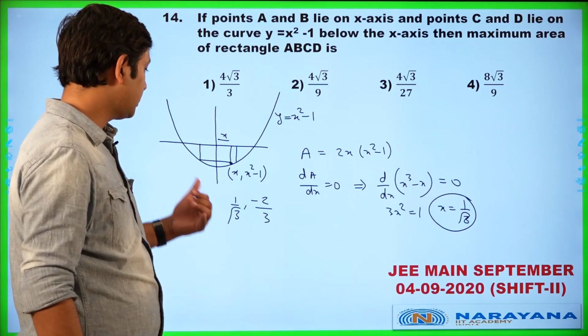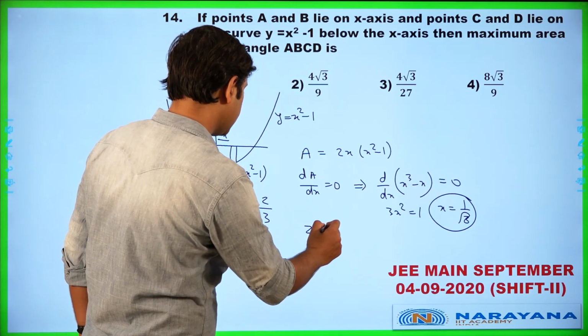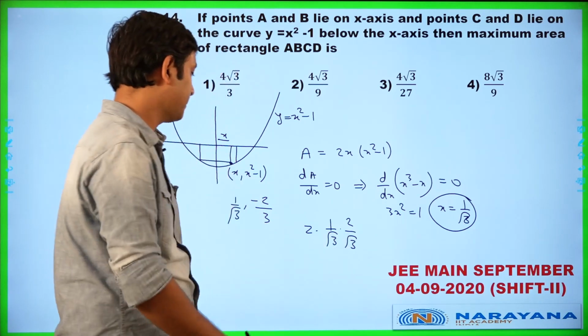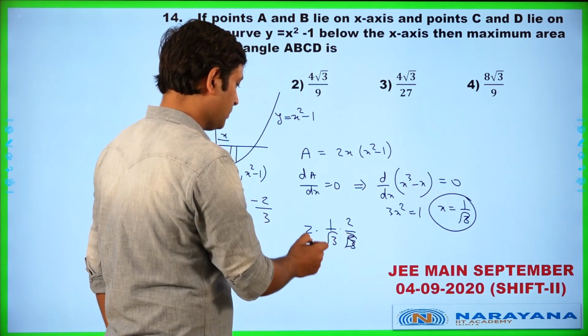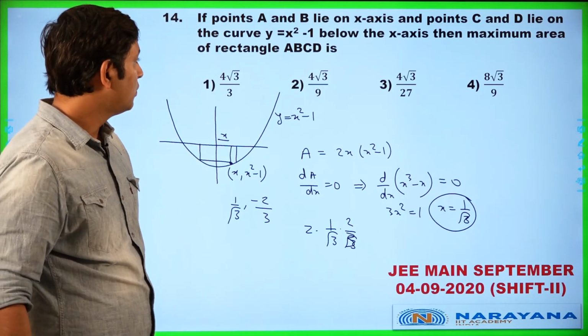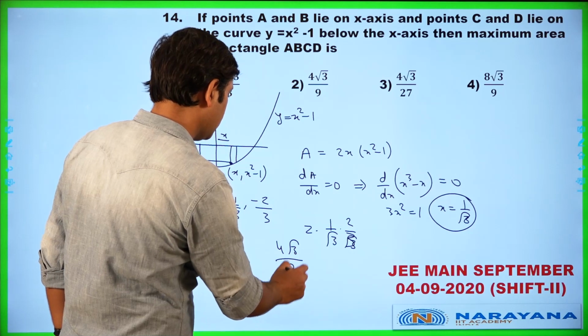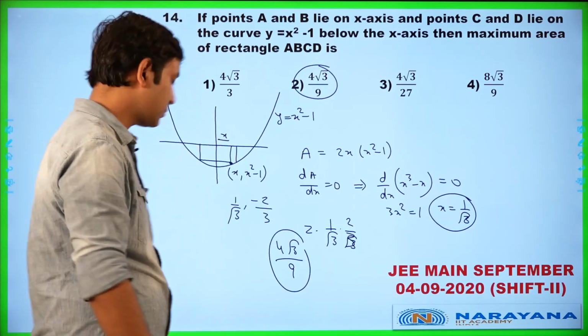Notice that our area will be twice into 1 by root 3 into 2 by 3, which means it will be 4 root 3 upon 9. We'll mark that option and we'll move on to the next question.